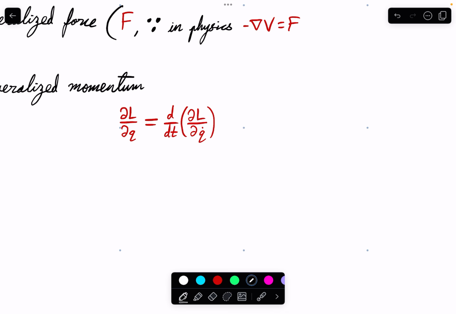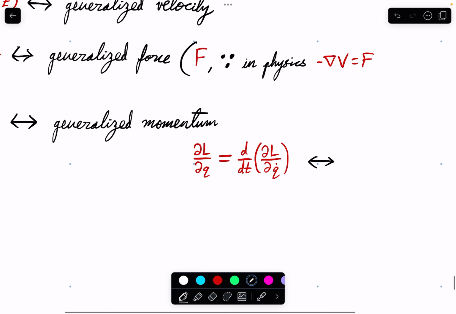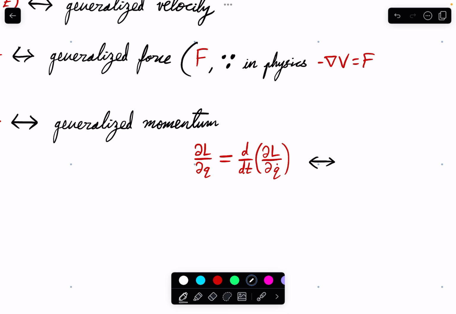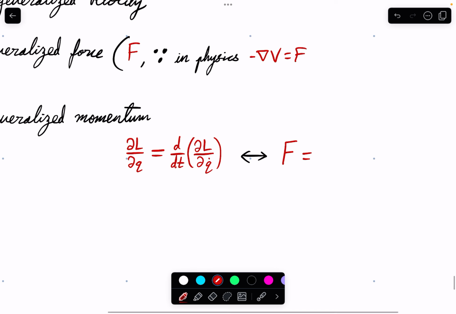So this is the same thing, because we can rewrite this as the generalized force F. Then we end up with the time derivative of something here. Well, we know that forces are the time derivative of momentum. And so we have a generalized force as the time derivative of something. Well, then that just ends up being momentum.